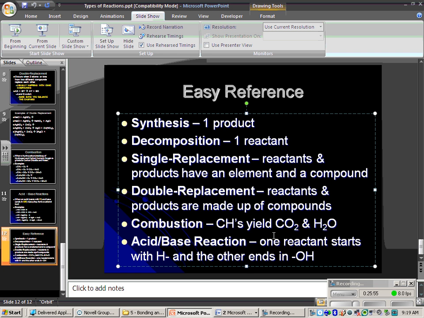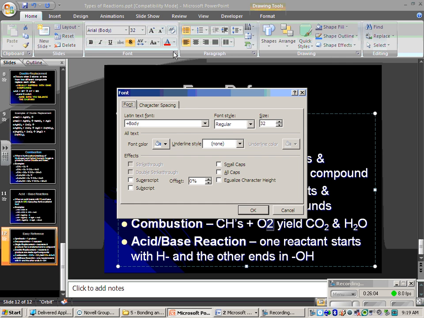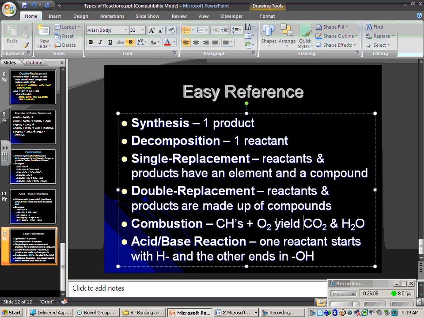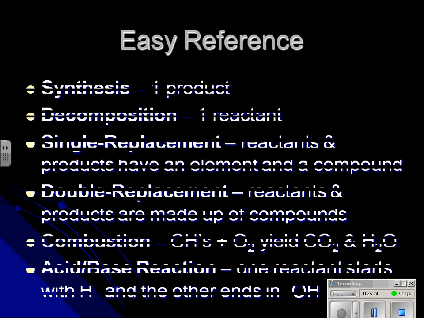For combustion, I want you to write hydrocarbons plus O2 yielding CO2, because technically it needs to be O2 to be combustion, so I didn't like the way that was written. So hydrocarbons plus O2 yielding CO2 and H2O. And you may have a certain number of carbon here, a certain number of hydrogen, just as long as it has hydrocarbons. Okay, let's go back to full screen.